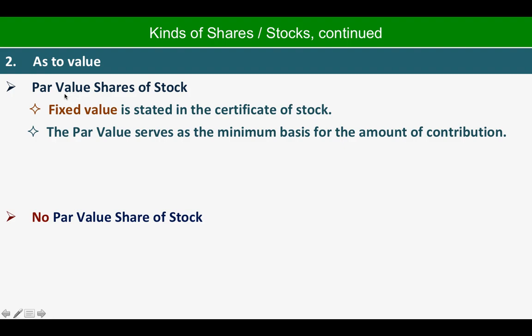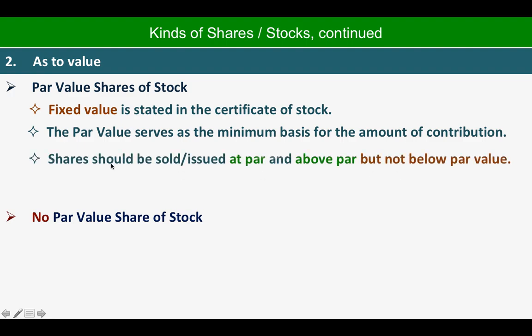Okay, so for par value shares of stock, the par value serves as the minimum basis for the contribution or investment at which shares should be sold, issued. So when we say sold, we can also use the terminology issued.